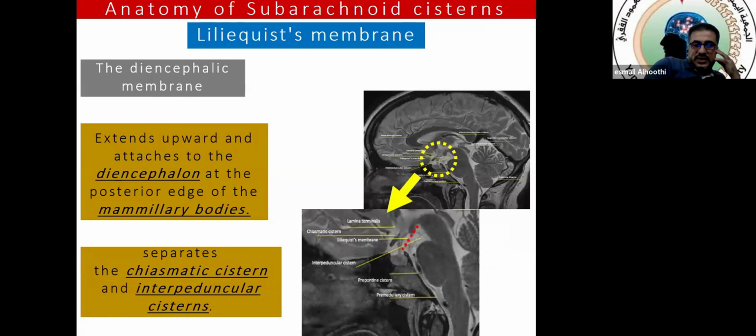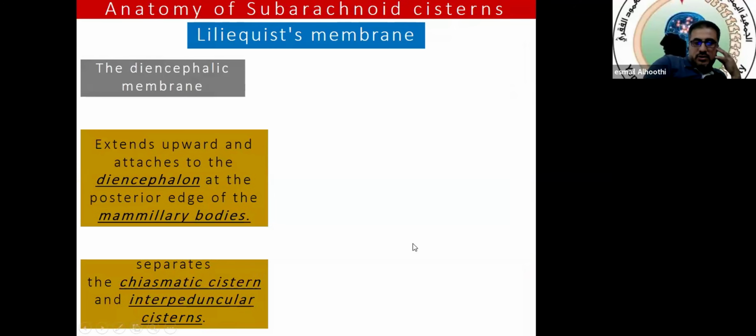This diencephalic membrane separates the chiasmatic cistern from the interpeduncular cistern. As we see, this is the chiasmatic cistern, and this is the interpeduncular cistern.